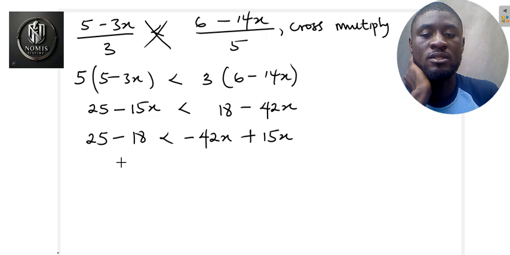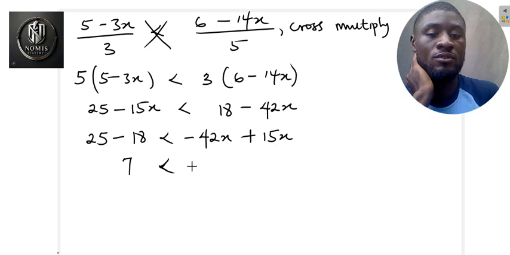25 minus 18, that gives us 7, right? So that's 7 less than minus 42x plus 15x. So if we are owing somebody 42 naira and you pay 15 naira, you will be left owing 27 naira. We'll be owing 27.